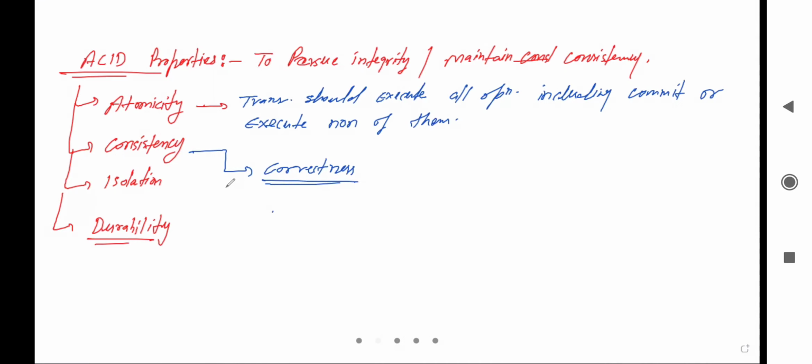Transactions should be correct, and who is the responsible person for this one? Responsibility किसकी रहेगी? So user or programmer is responsible for this one. Okay, this is about that consistency.